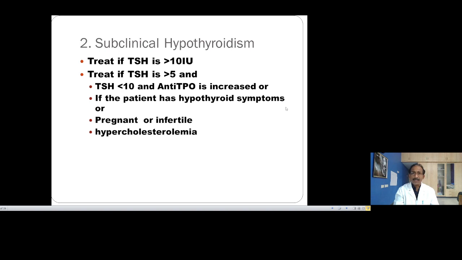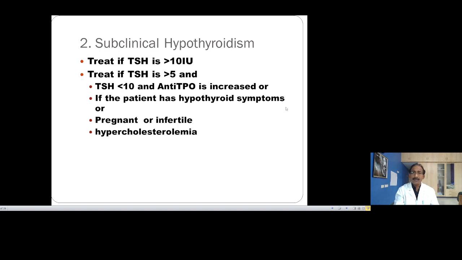If the antibodies, anti-TPO, are increased, or if the patient has hypothyroid symptoms, tiredness, lethargy, and so on, and if the patient is pregnant or infertile, yes, you should treat. Because pregnancy is a condition where thyroxine requirement will go up, and you have to treat that immediately.